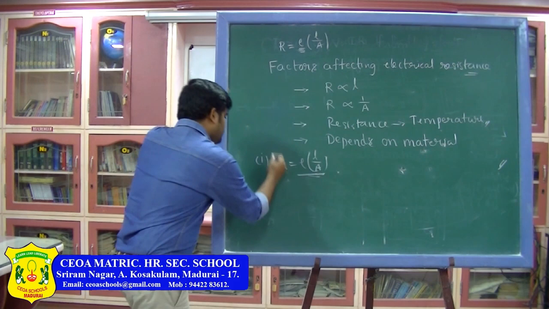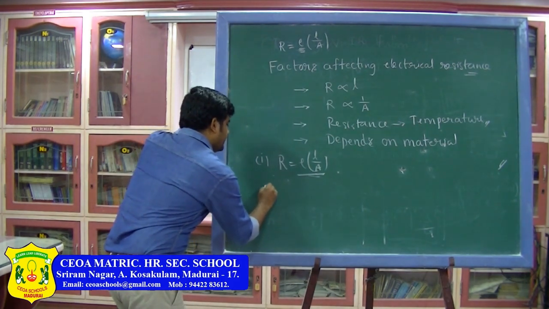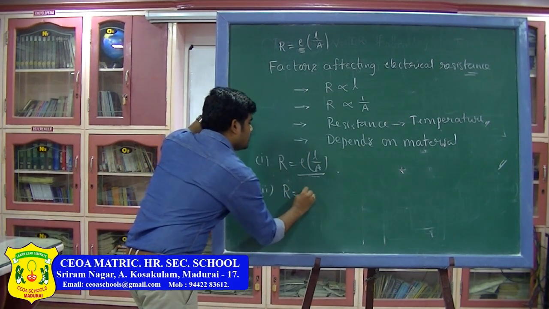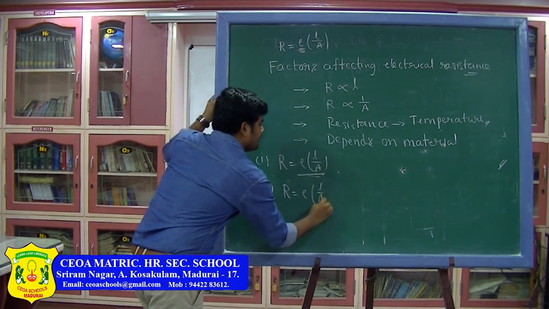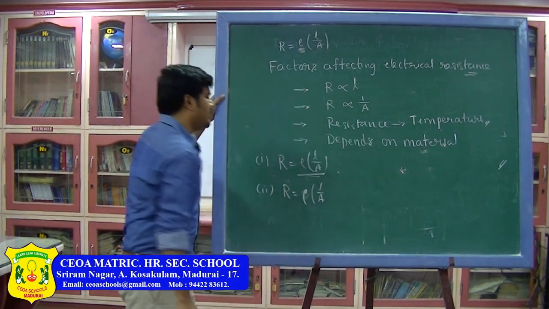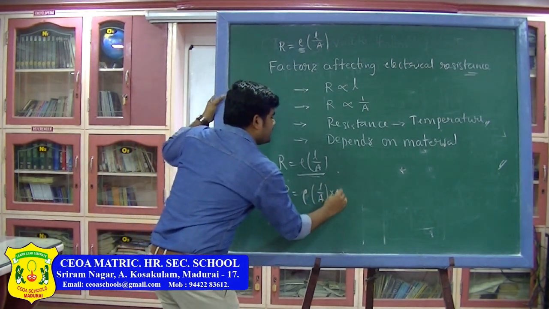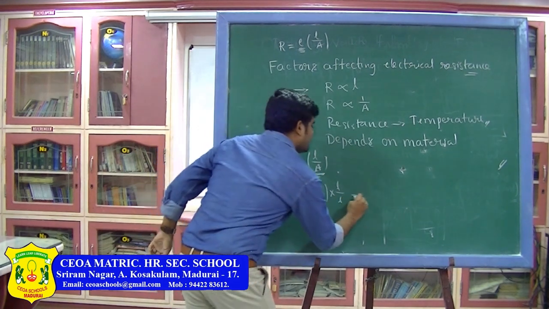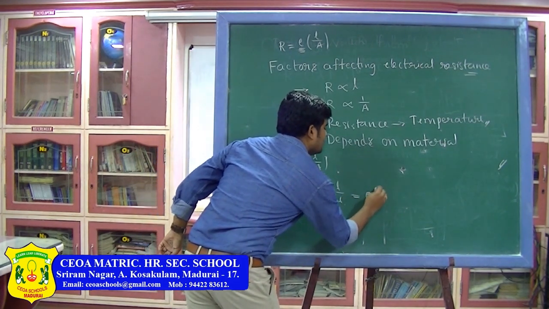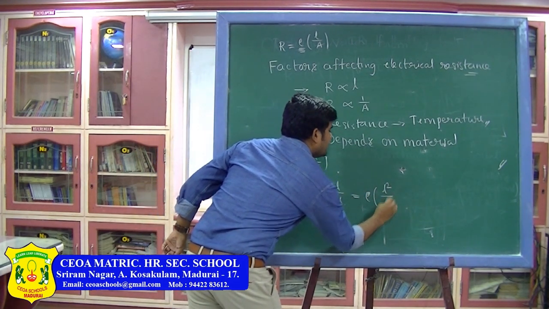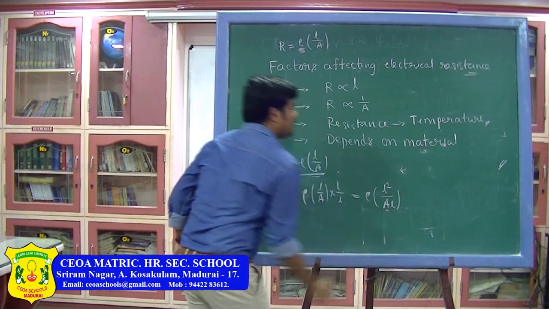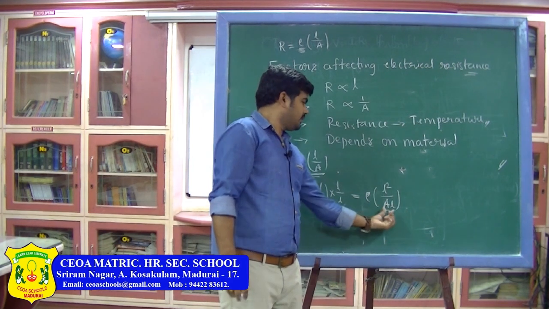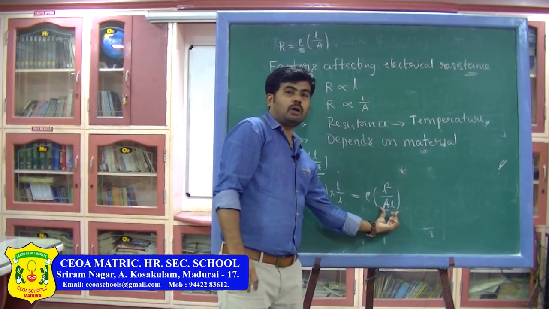Now, by taking the first form, let us see how to get the next form. R equals rho into L by A. Multiply and divide this equation by length, and you get rho L square divided by A into L. Here A into L is the area of cross section into the length of the wire, which gives the volume of the wire.